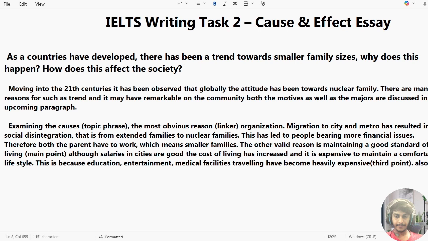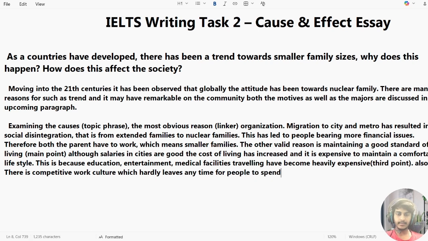Also, there is a competitive work culture which hardly leaves any time for people to spend with their loved ones.